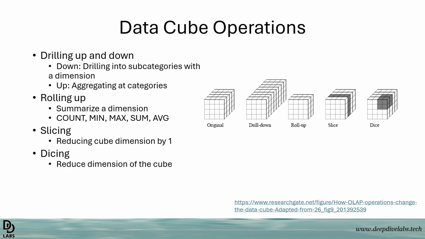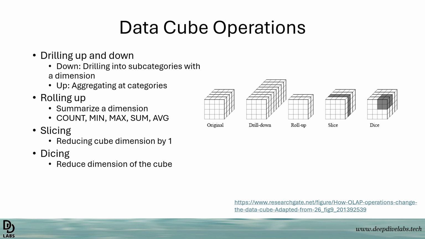Then you can do dicing, which is essentially reducing the dimension of the cube, right? So instead of it being 3-dimensional, you want to aggregate all the information in a particular dimension so that you can dice it, right? So dicing gives a sub-cube of that data cube.